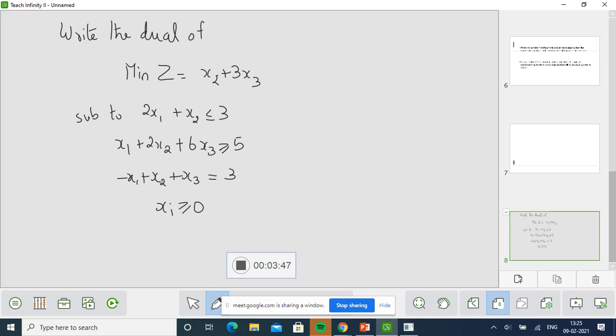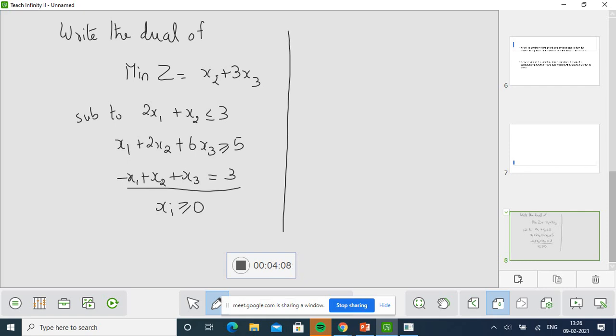So we want to write the dual of this particular problem. We will write the dual on the right hand side. First, we have to identify that it is unsymmetric. Why? Because there is an equality constraint.